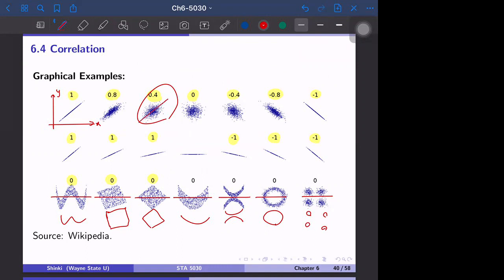The linear trend is like this, but it's not very clear whether or not X and Y have a relationship. In such a case, you want to see if this 0.4 is really a meaningful number, or whether it can happen by chance even if X and Y do not have a relationship.